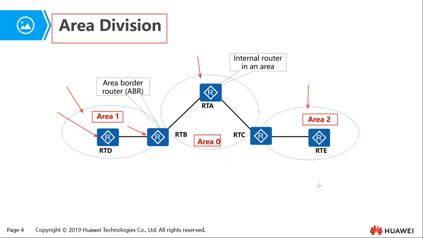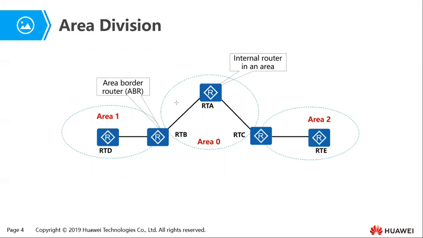Okay, now we have certain routers whose interfaces belong to two areas. So, for example, this router here, RTB, has an interface that is in area 1 and another interface that is in area 0. These routers are commonly referred to as ABR, if you can remember, or an area border router.